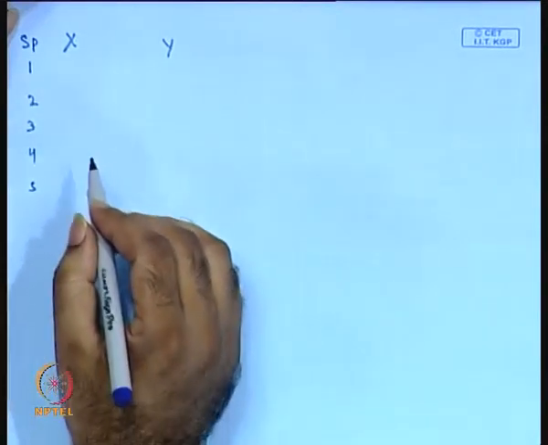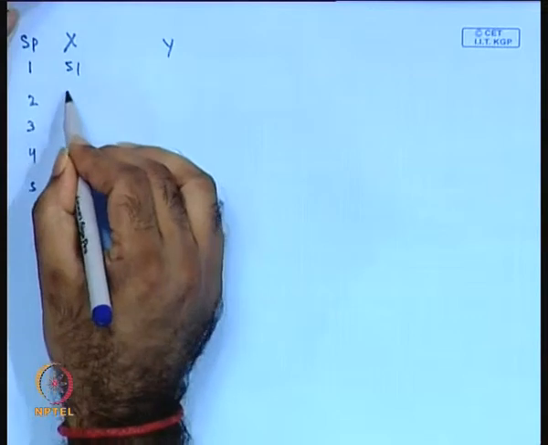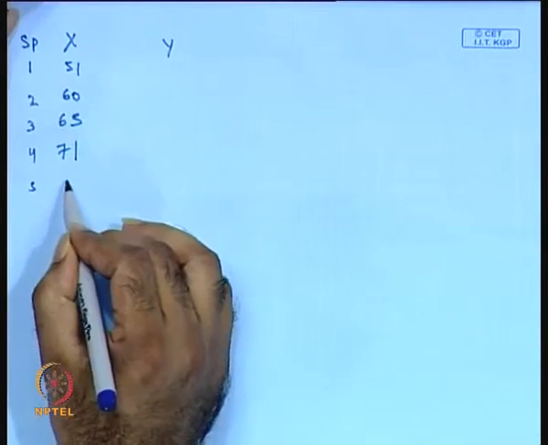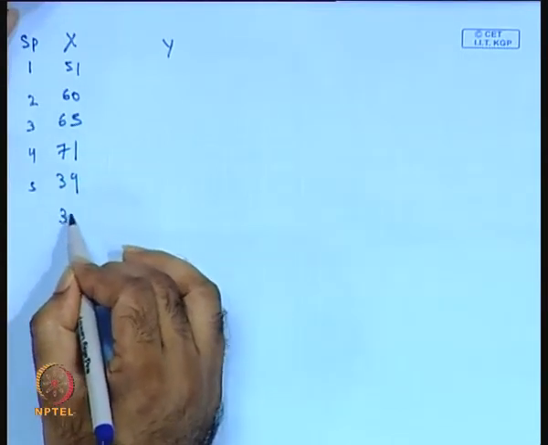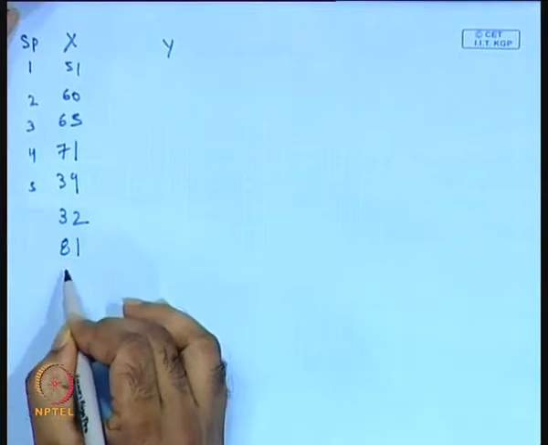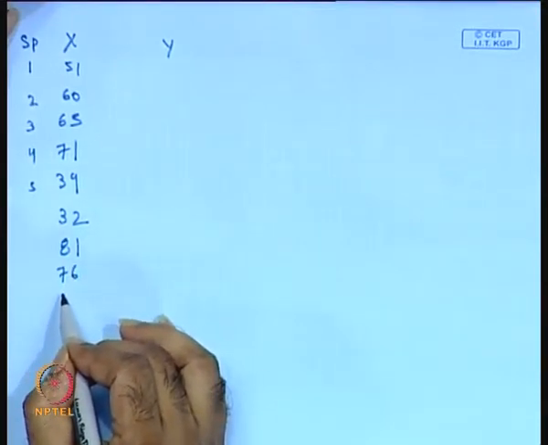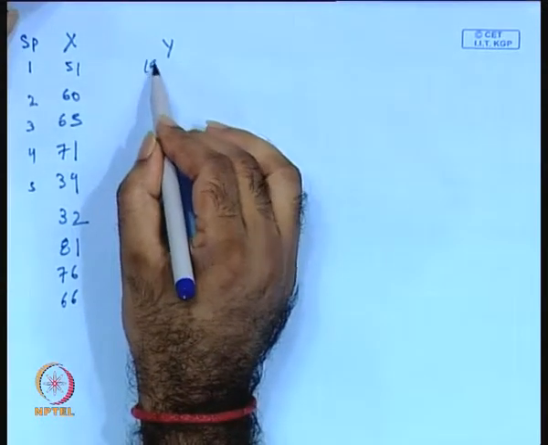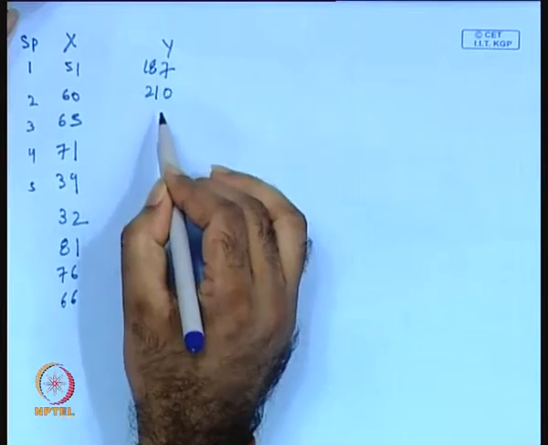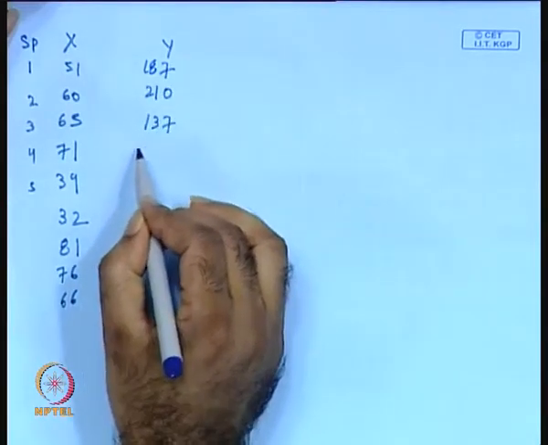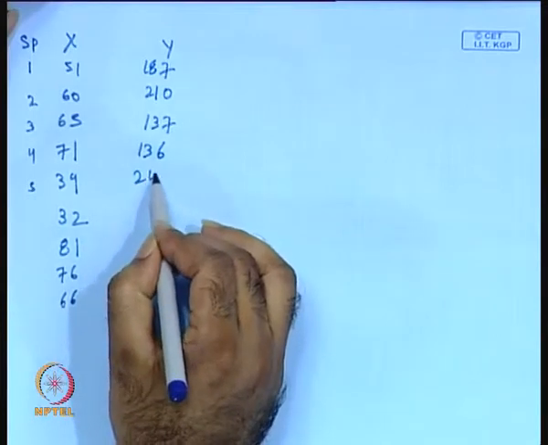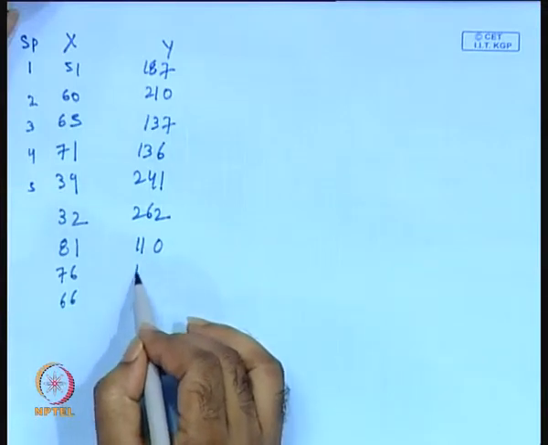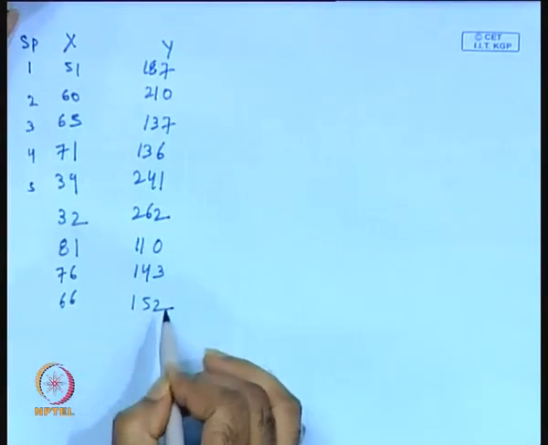The x sample points are 51, 60, 65, 71, 39, 32, 81, 76, 66, 66. The y series is 187, 210, 137, 136, 241, 262, 110, 143, 152.